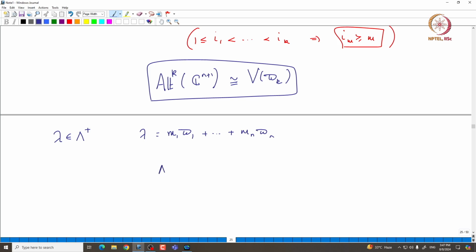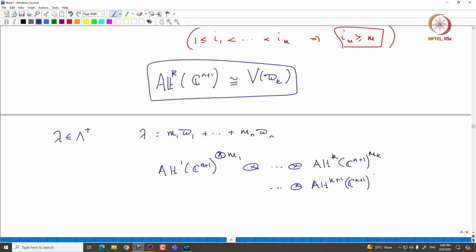Then consider this alt 1 C n plus 1 power m 1, again the tensor, tensor etc. tensor alt k C n plus 1 power m k, tensor alt n plus 1 C n plus 1 power m n.